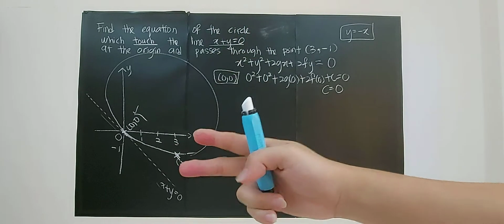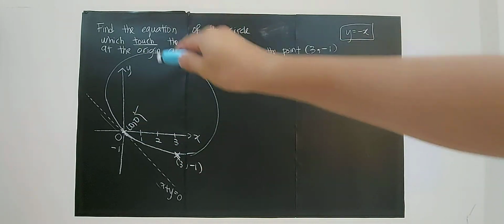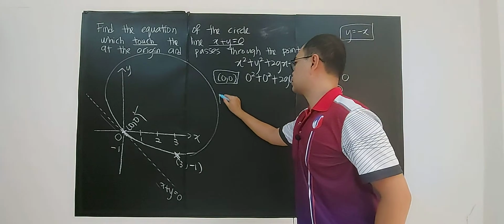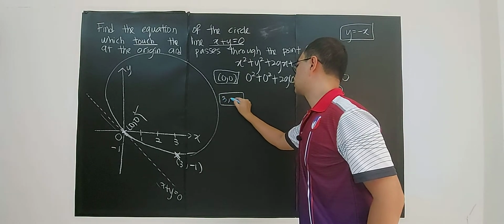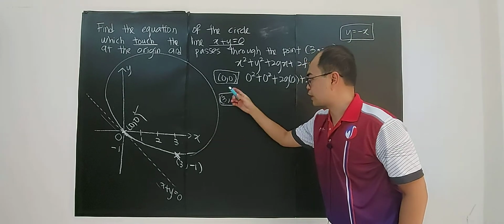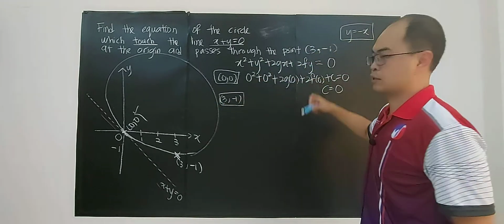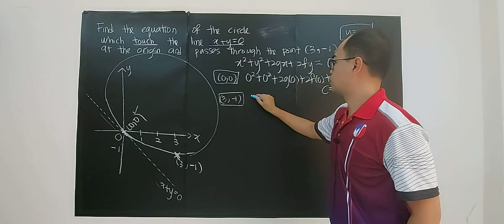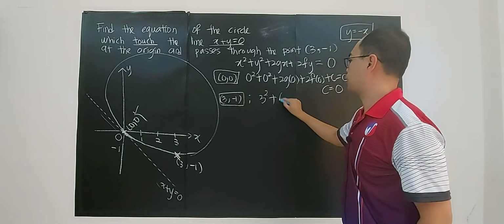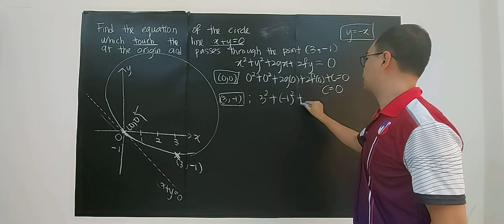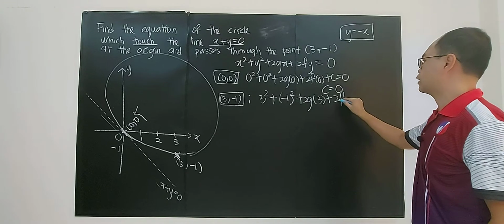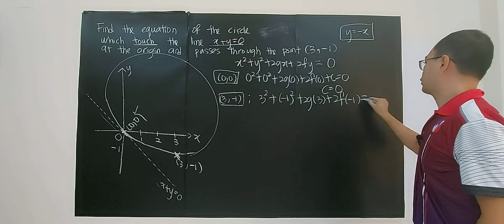The second piece of information is that this circle also passes through (3, -1). Since it passes through (3, -1), we can substitute this point into the circle equation as it satisfies the circle. We have 3 squared plus (-1) squared plus 2g times 3 plus 2f times (-1) equals 0.